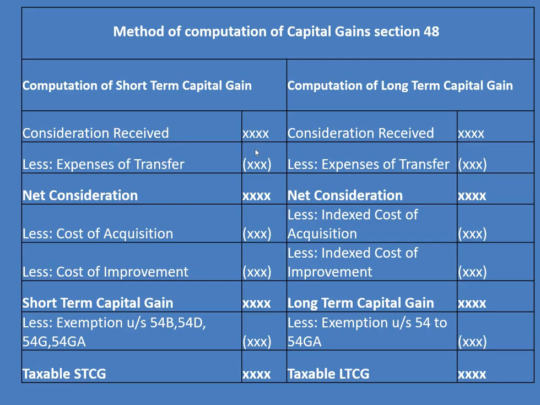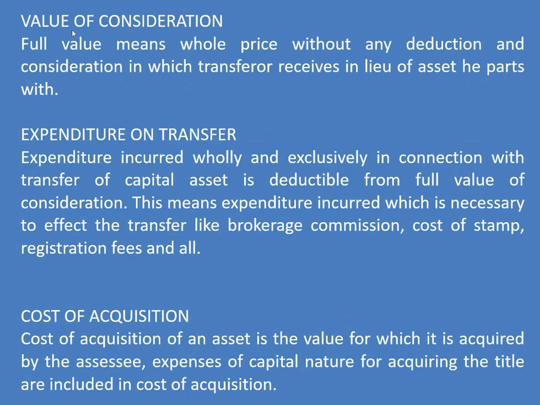Now we will see what is consideration received. Consideration received is the value of consideration. It is also called sales consideration. What is it? It is the price received by the transferor. Who is the transferor here? Our assessee is the transferor.